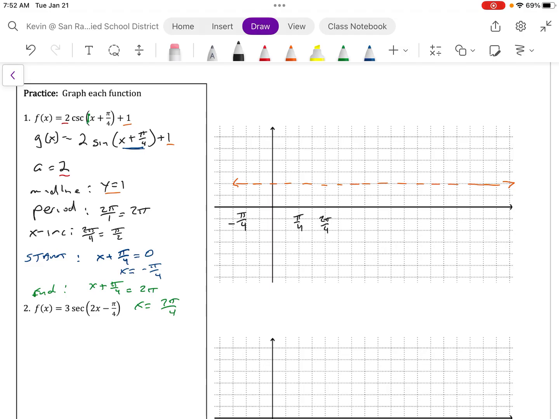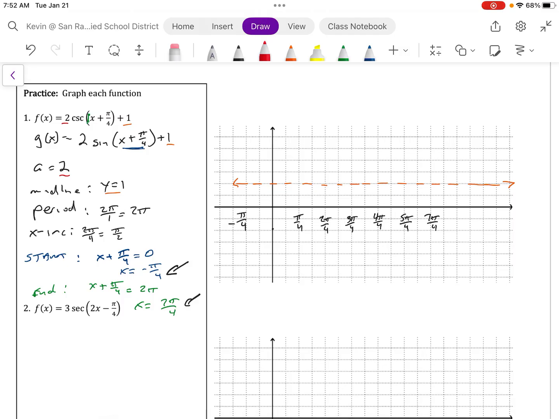Because I'm shifting it over pi over 4, since that's going to be my start point. I'm just making it easy on myself. I didn't bother reducing these down. I just know I'm starting at negative pi over 4 and ending at 7 pi over 4.